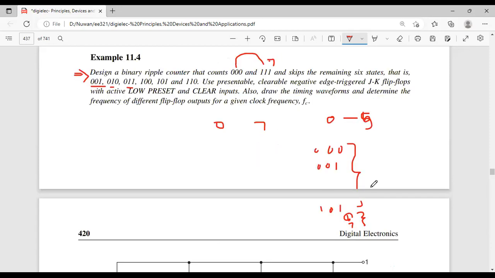This is an open book test, no? So the excitation table will not be given, but you can find it in the reference book. If you know the excitation table for JK or SR, then you can write it for your question. In this explanation, I have explained how to use them.